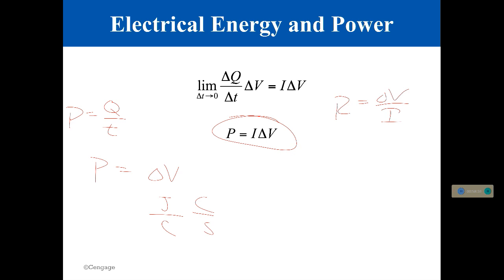Okay, let's try again. One more, and then I'll be done for the day. What if you have a 60 watt light bulb? Calculate for me the resistance of a 60 watt light bulb.